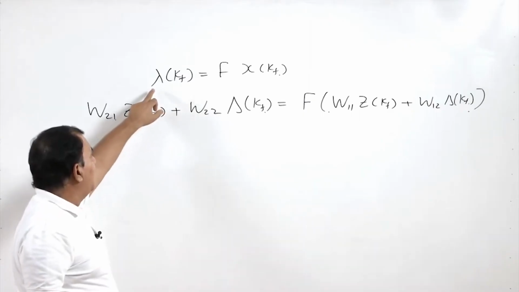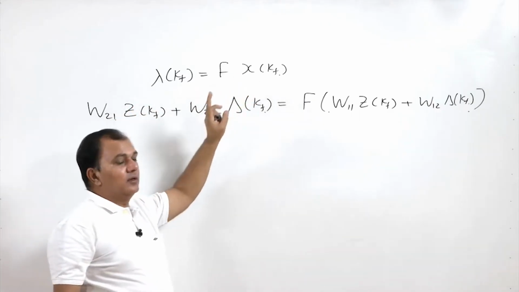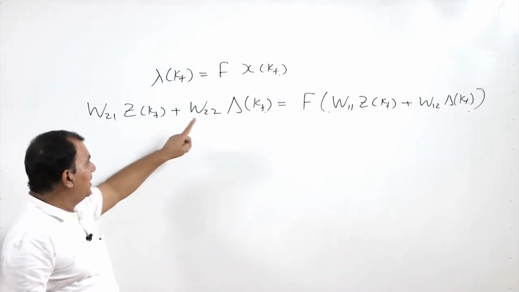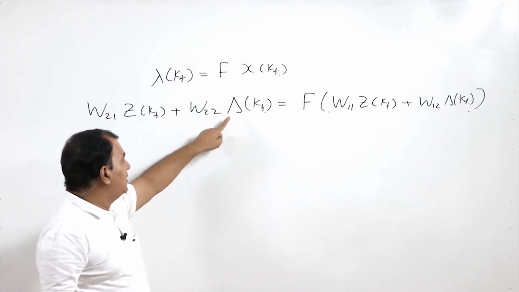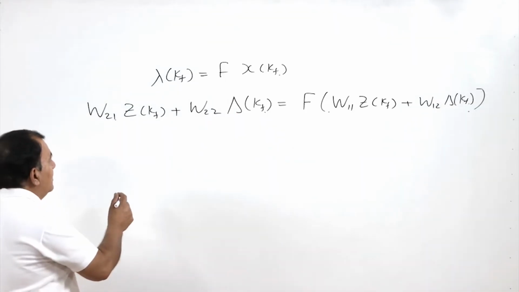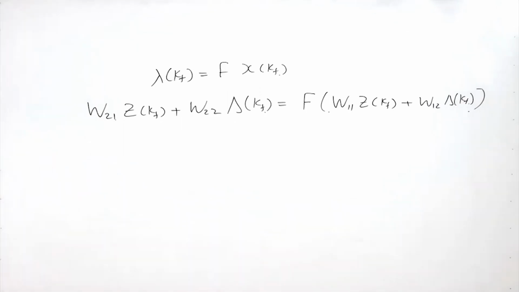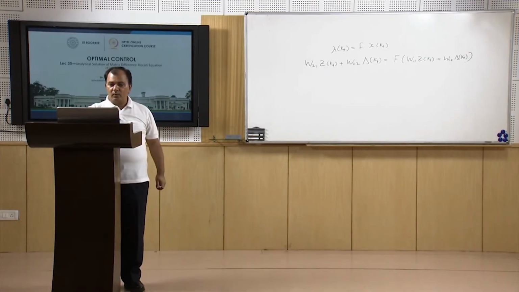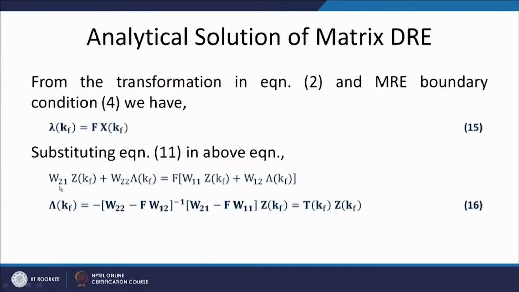As we are representing lambda(kf) in terms of x(kf), we are trying to see can we have a relation between del(kf) and z(kf). So, what we are writing: W21 z(kf) plus W22 del(kf) equals f of (W11 z(kf) plus W12 del(kf)). So, we are arranging the elements of del(kf) on one side, z(kf) on the other side.